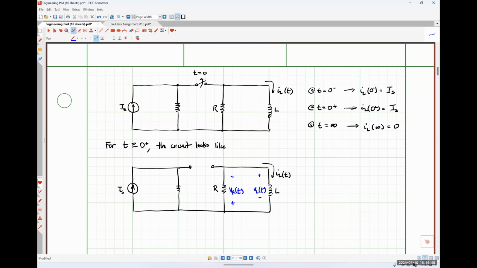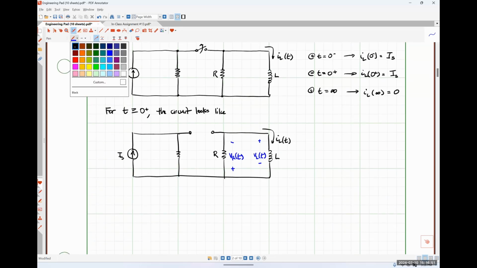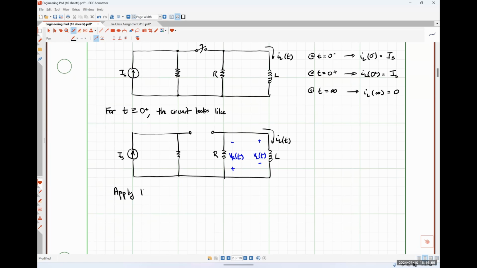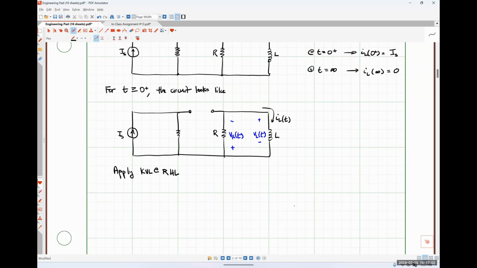Okay. So if we were to apply KVL around our right-hand loop, what we would get is simply VR of t plus VL of t is equal to 0.